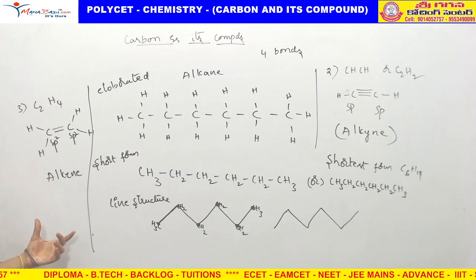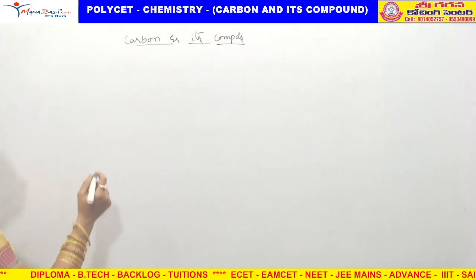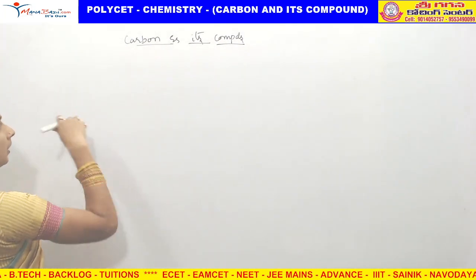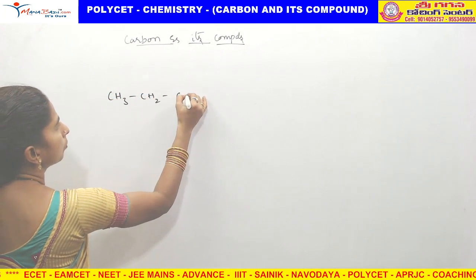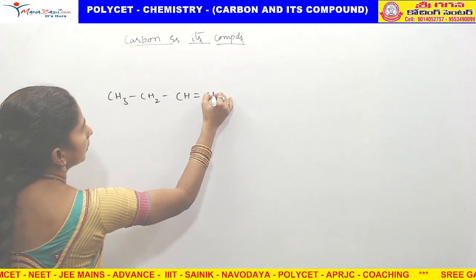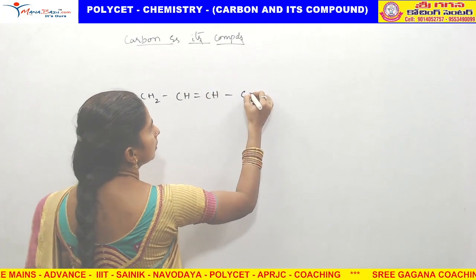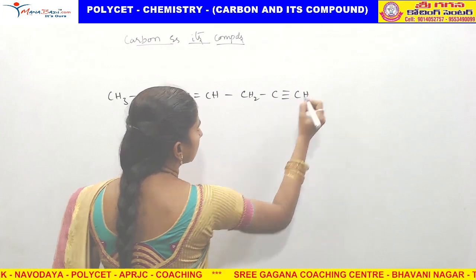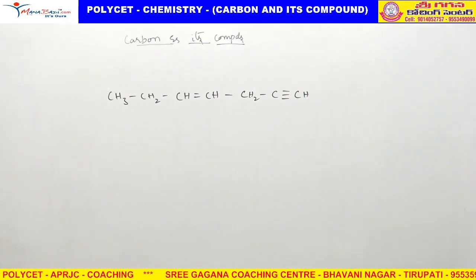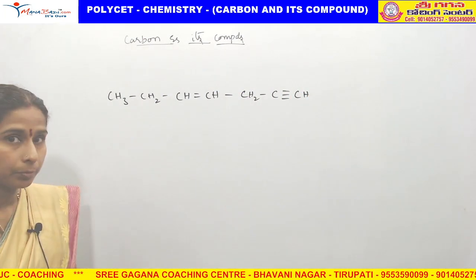I hope you understand. For example, I am writing CH3 bond CH2 bond CH double bond CH CH2 bond C triple bond CH. This is the compound. What is the molecular formula of this compound?